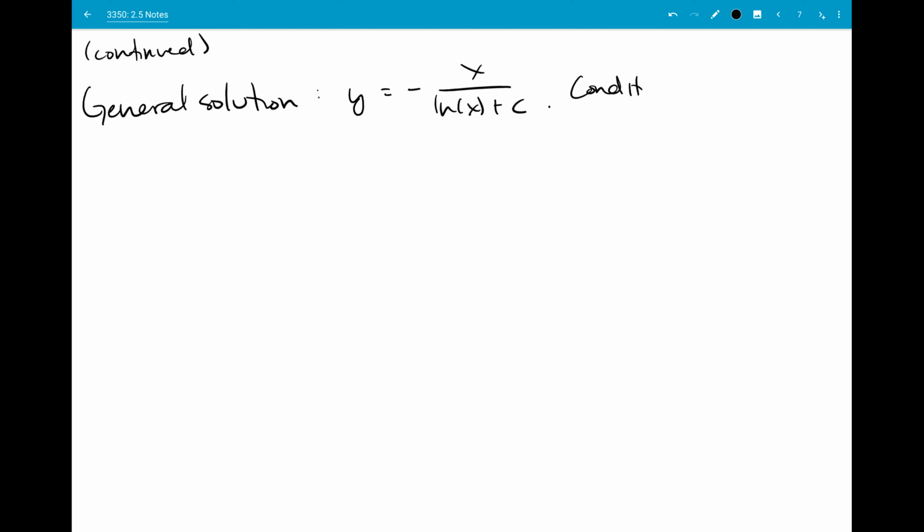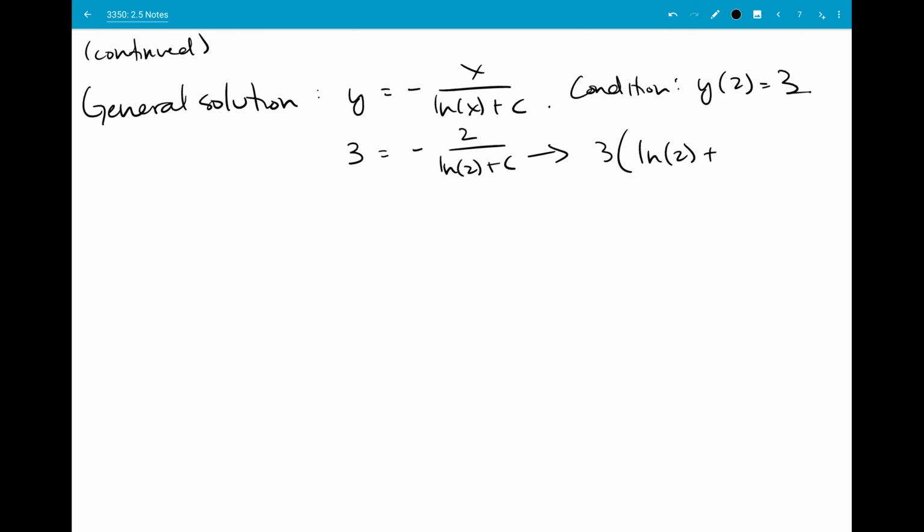And I have the initial condition, y of 2 equal to 3. So I want y to equal 3 whenever I plug in 2 for x. And then 3 times natural log of 2 plus a constant is equal to minus 2.